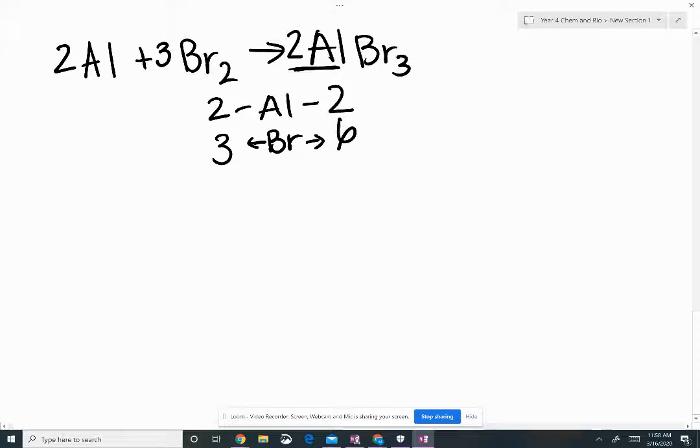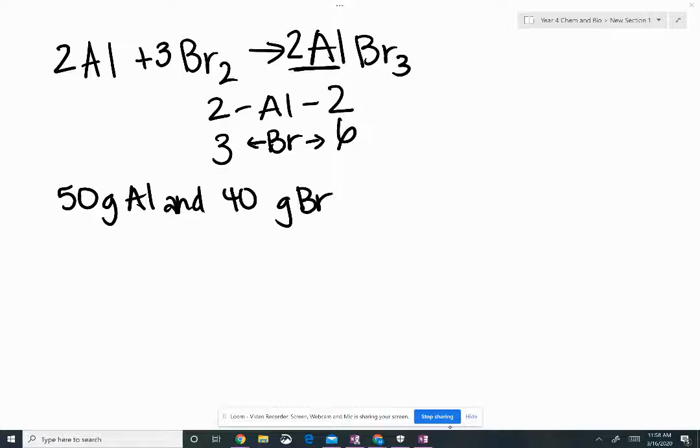So now that everything's balanced, I can actually solve a problem, right? In this reaction, it says that there's 50 grams of Al, and 40 grams of bromine. Oh, my bad, it's 40, not 400.